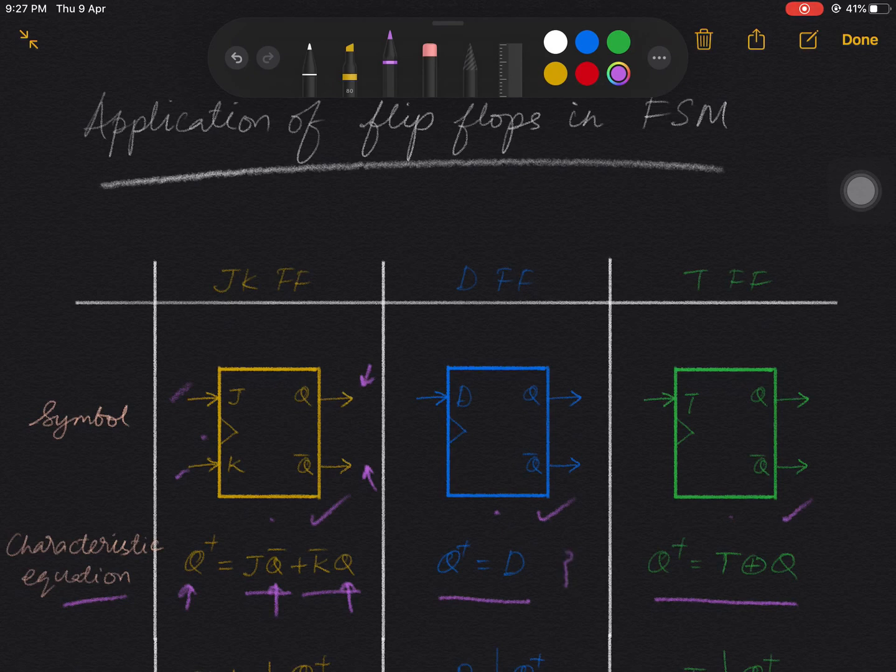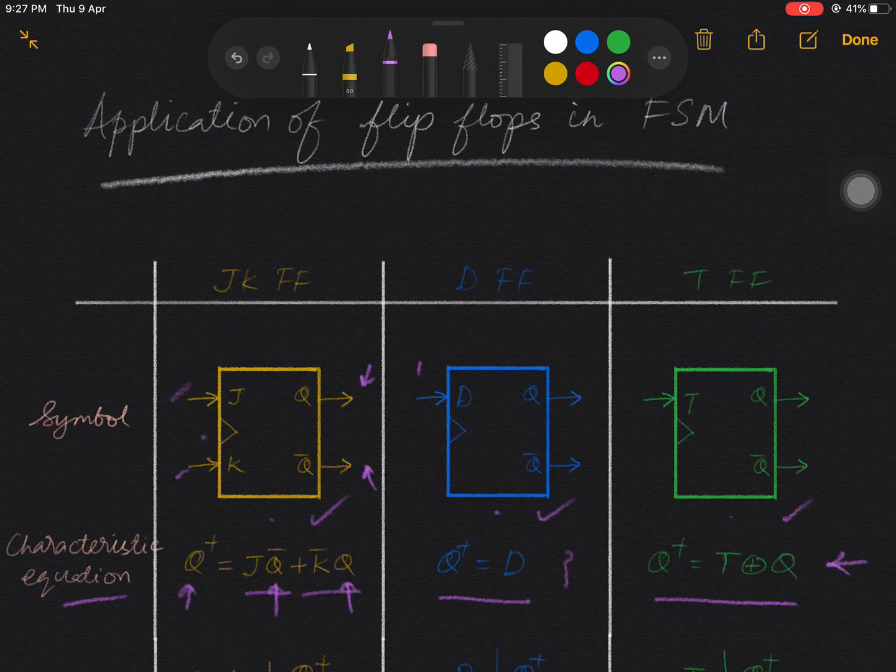For example, if D equals 1, the value of the state in the next clock cycle is also 1, because Q plus equals D. And for the T flip-flop, this equation can be interpreted as: if T is 0, the next state keeps the value of the present state, and if T is 1, the value of the next state is Q bar. We call this toggle.